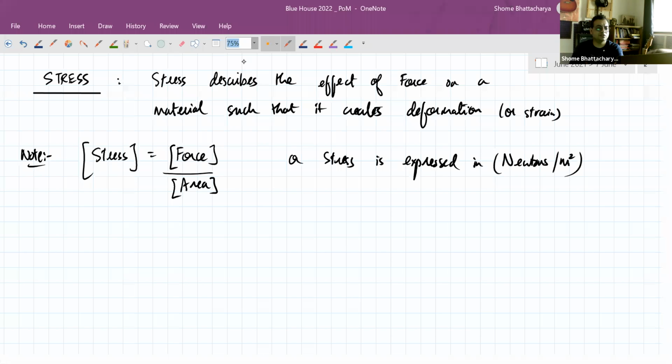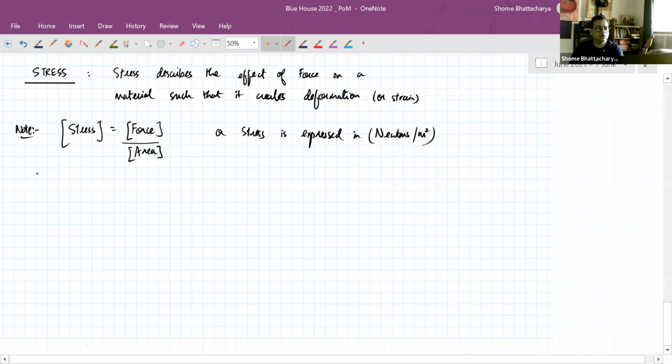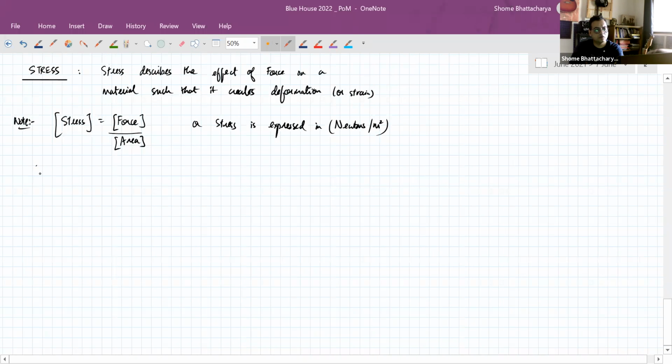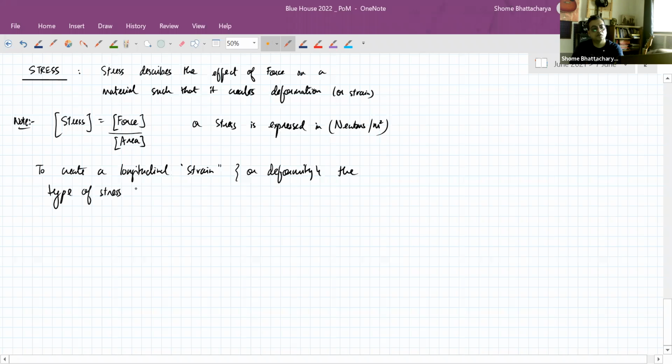Now, different types of stress create different types of strains. Okay. So to create a longitudinal strain, okay, or deformity, the type of stress in action is longitudinal stress.